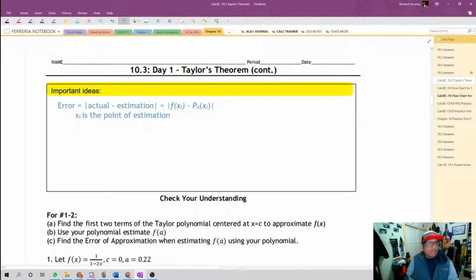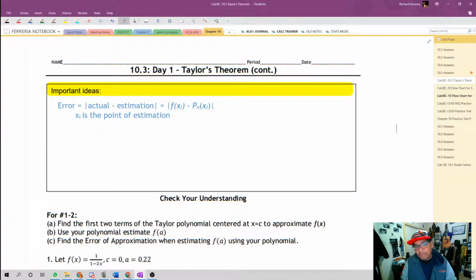So this brings us to our important ideas. We have the concept of error, which is actual minus estimation, which is going to be equal to the function evaluated at xi minus a polynomial evaluated at xi. Xi is a place that we call the point of estimation.